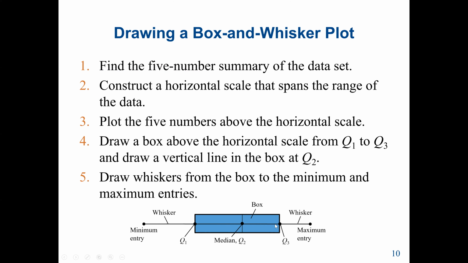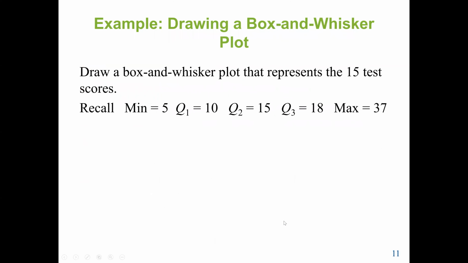So we'll see an example right now. We are using the same data set as in the first example. We remember when we looked at the data set, the minimum value was 5. The maximum value was 37. We found Q1 to be 10, Q2 to be 15, Q3 to be 18.